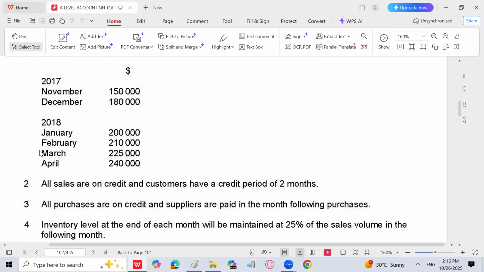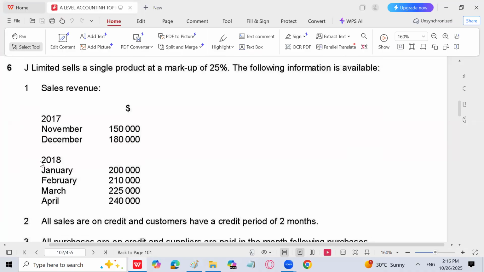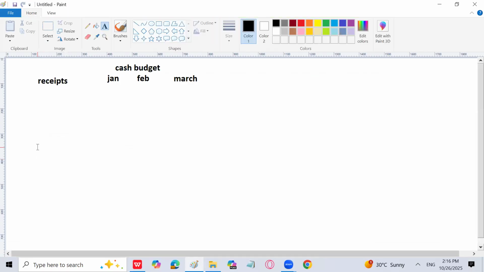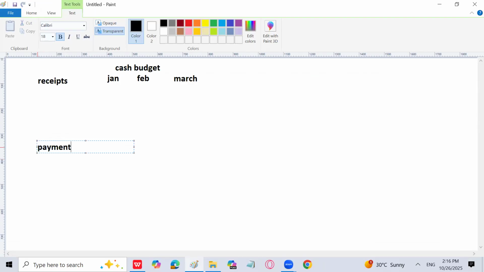Now, the first important thing in this question: it looks quite easy. We are supposed to write receipts over here, obviously from credit sales, whatever we are getting. And we will subtract payments, obviously, to get the net cash flow, and then we can find out whatever is required.